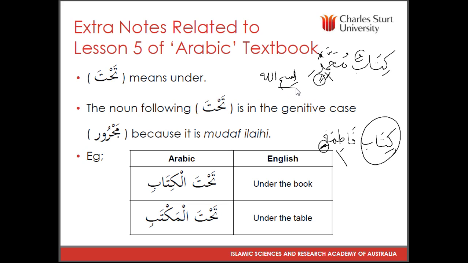Yes, ya Osman. So, the answer? لا، Hamidin. Yes, it can have tanween or not. But the rule for mudaf is it never can have tanween. What was the answer? لا هذا كتاب حامد. Mudaf and mudaf ilayh. Kitabu Hamidin.